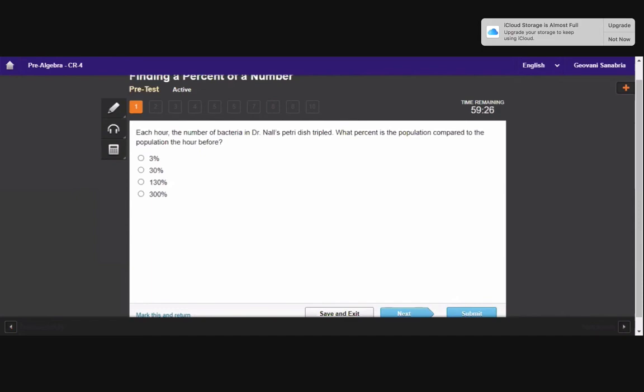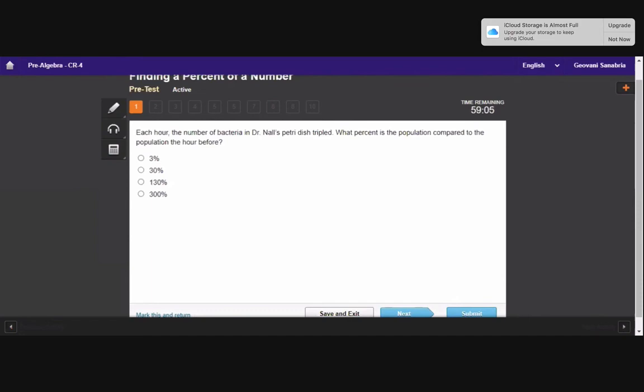Do you have any guesses on this? So each hour the number of bacteria tripled. What percent is the population compared to the population the hour before? No, I wouldn't know what to do with it.